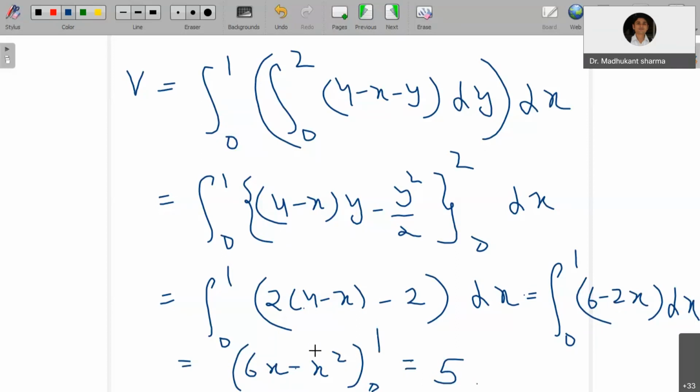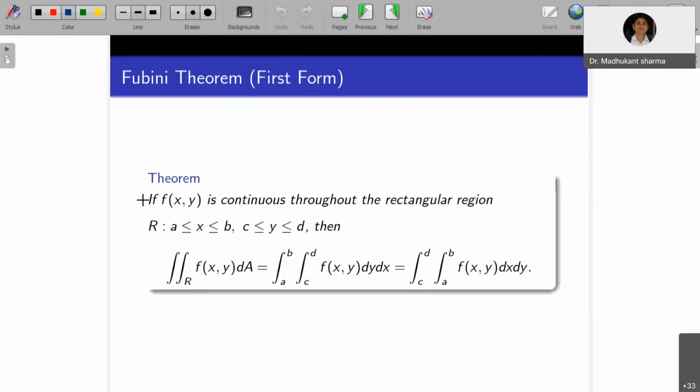As mentioned, Fubini's theorem guarantees the following: if f is continuous throughout the rectangular region R, then you can integrate with respect to any order. You're free to choose any order. Here you can see the limits are constants: A to B, C to D. But you may not be fortunate enough to always have a rectangular region.